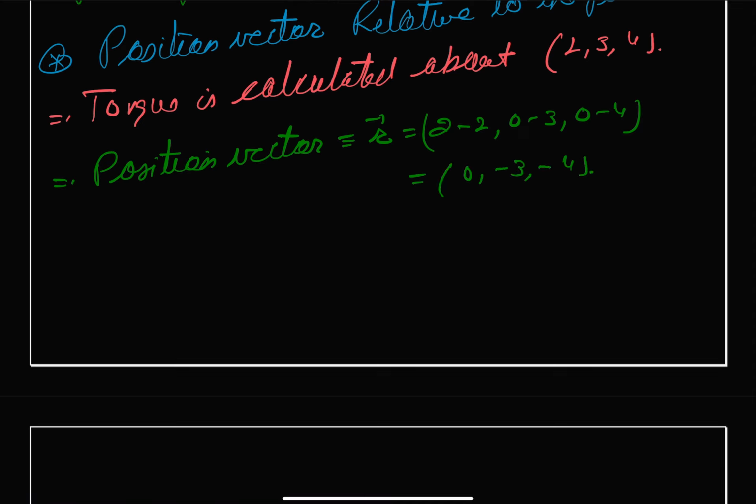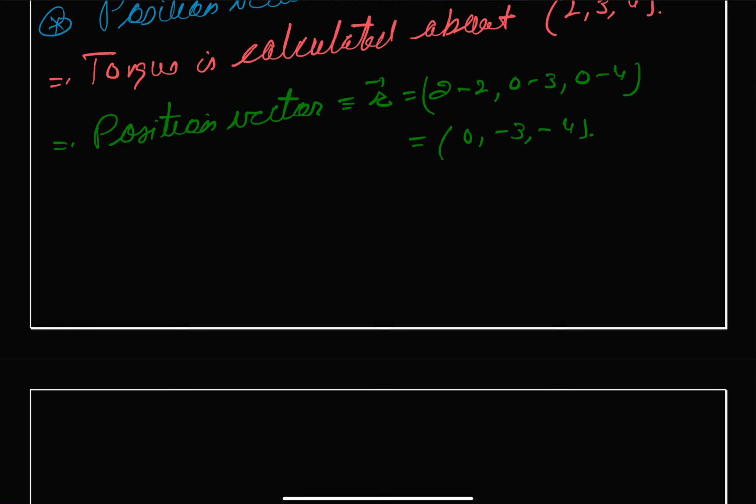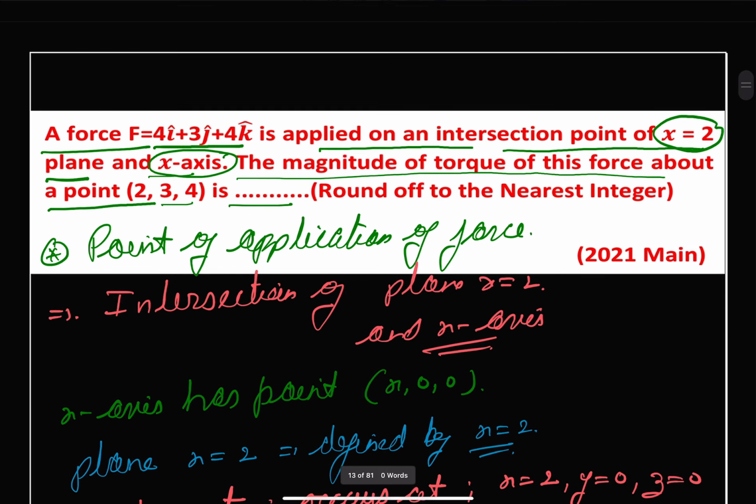Now we can easily find out the torque based on the cross product of force as well as the position vector. So our torque tau is position vector R cross the force F, and we can write it with i, j, k, then 0, minus 3, minus 4, and the force 4, 3, 4.